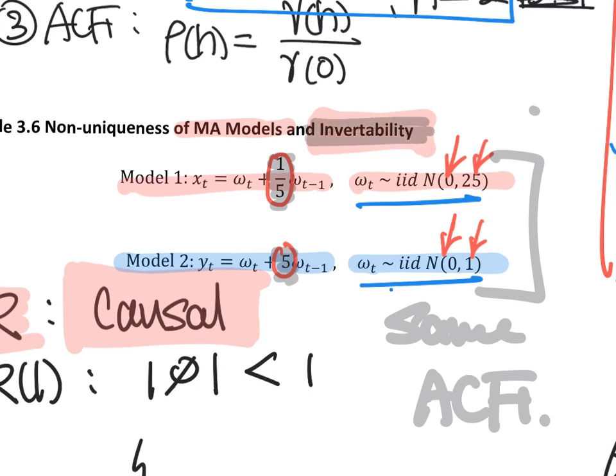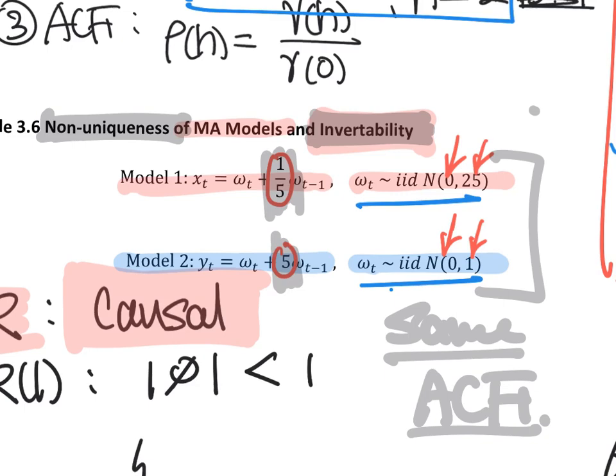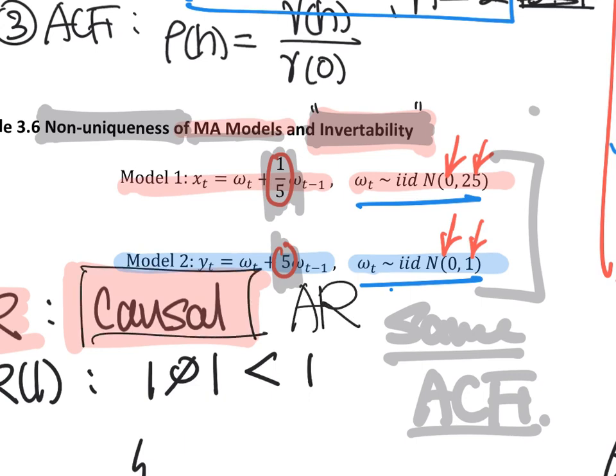That means it's not invertible uniquely: there's a 5 here and a 1 over 5 there, so with different theta, we can get the same ACF. So it is another condition. Look at this: it is the non-uniqueness from the same ACF for the MA model. It means we need invertibility. So please remember the conditions: causality for the AR model and invertibility for the MA model.